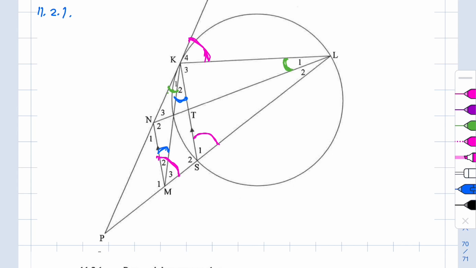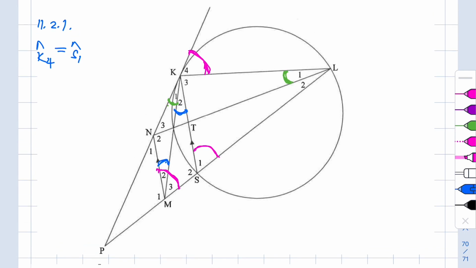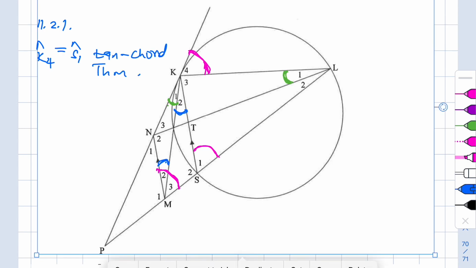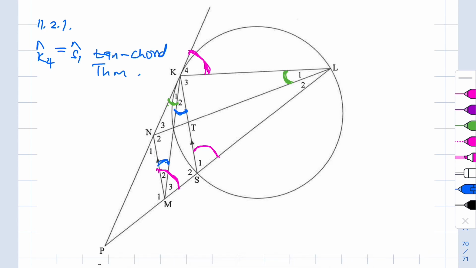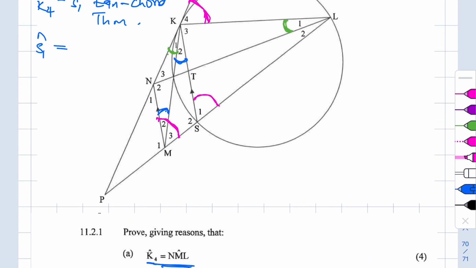So we know that angle K4 is equal to angle S1. Reason is tan chord. Okay, and we also know that angle S1 is equal to angle NML.